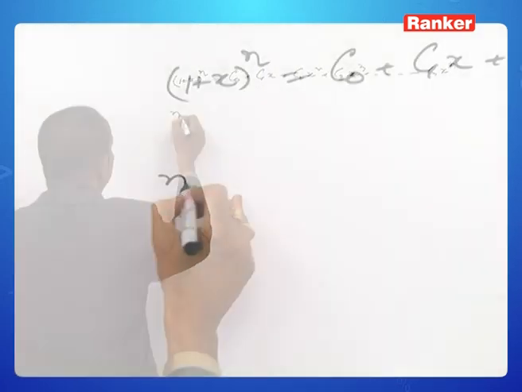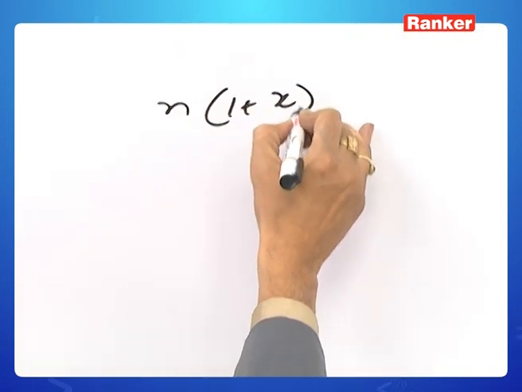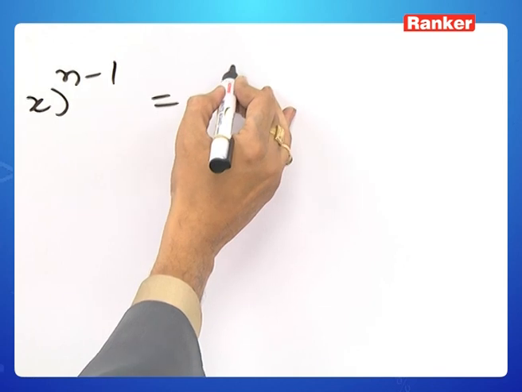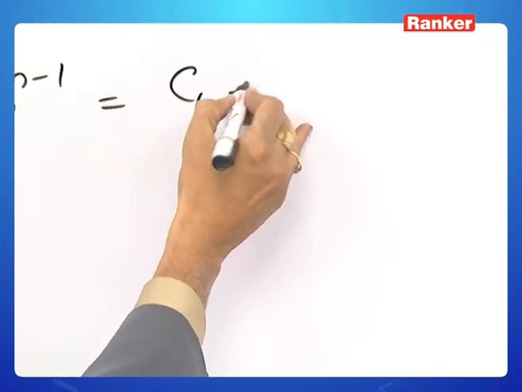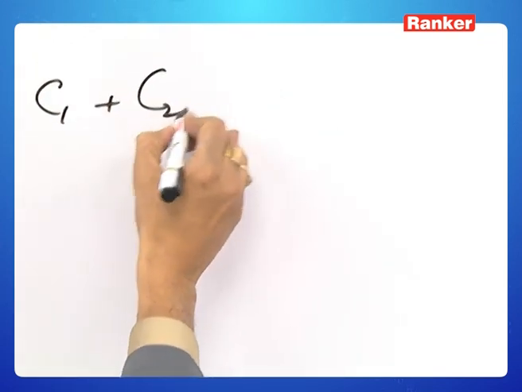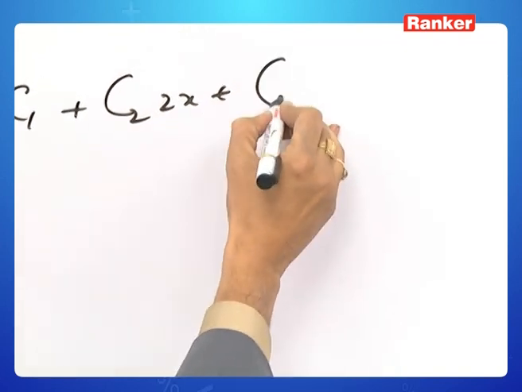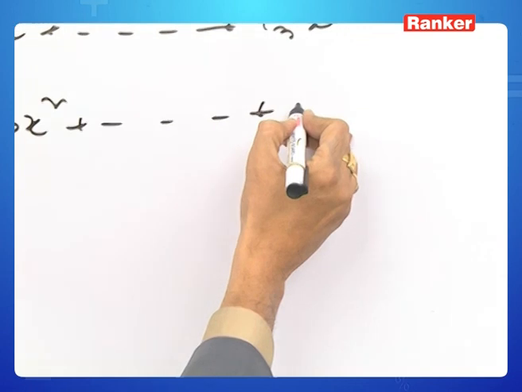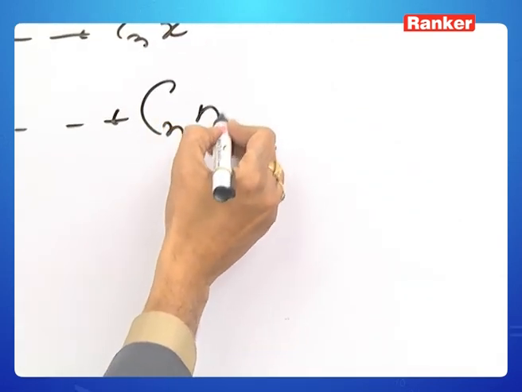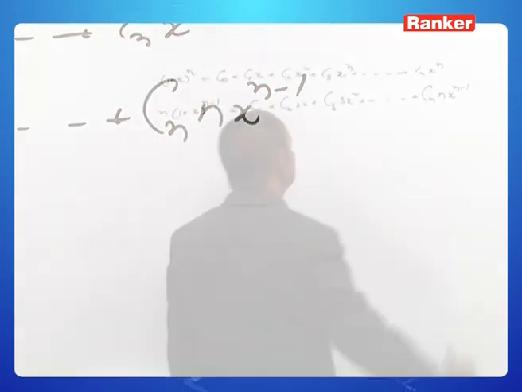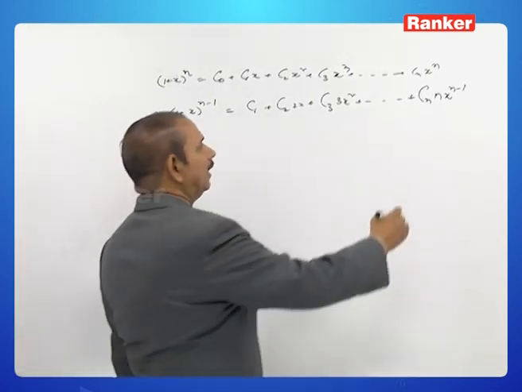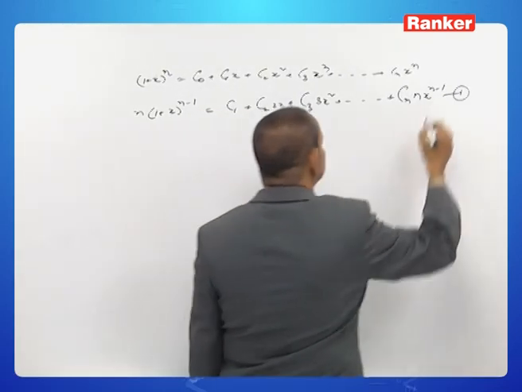What happens? n into (1 plus x) whole to the power of n minus 1 is equal to 0 plus C1 plus C2 into 2x plus C3 into 3x square and so on, etc. Cn into n into x power n minus 1. Right? Call this equation 1.